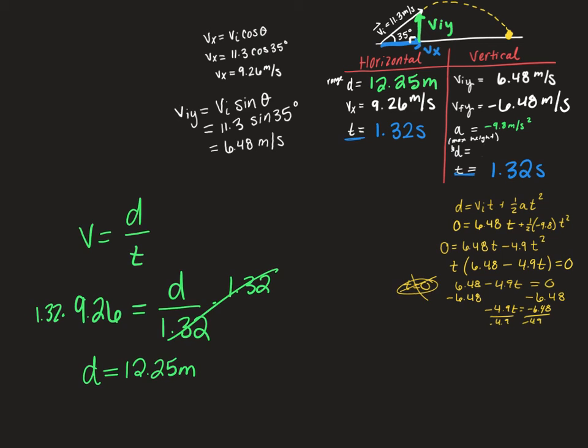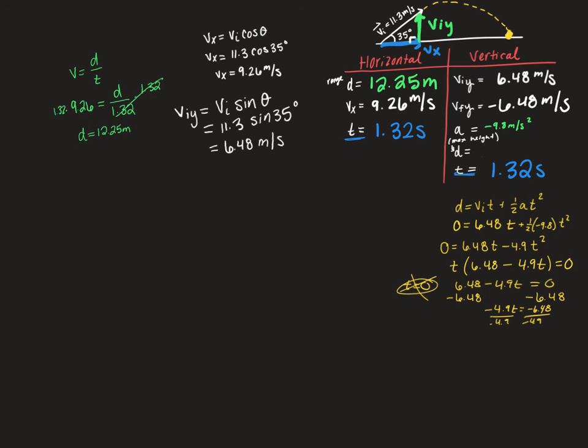Yeah, so now, remember when we talked about it, at its maximum height, that happens at half the time, right? So half of our time is equal to what? Half of 1.32? Yep.